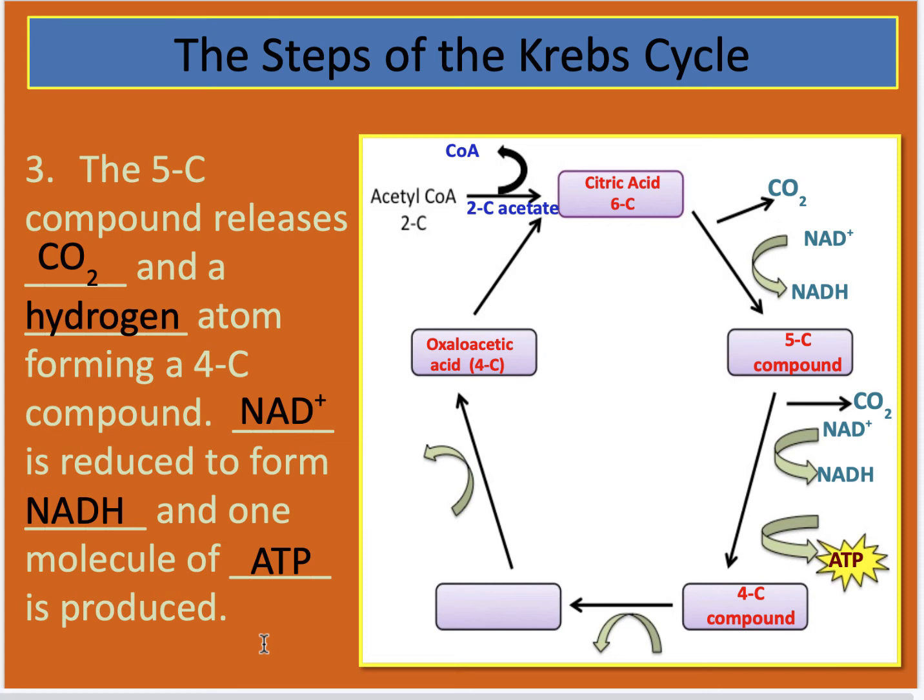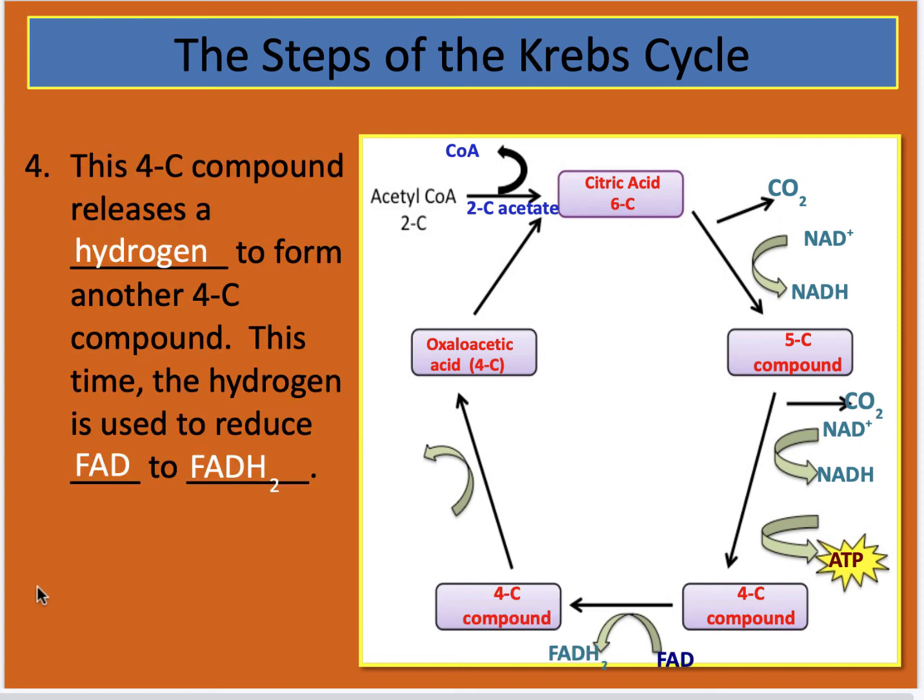NAD+ is reduced to NADH, and one more molecule of ATP is produced. This 4-carbon compound releases hydrogen to form another 4-carbon compound. This time, the hydrogen is used to reduce FAD to FADH2.